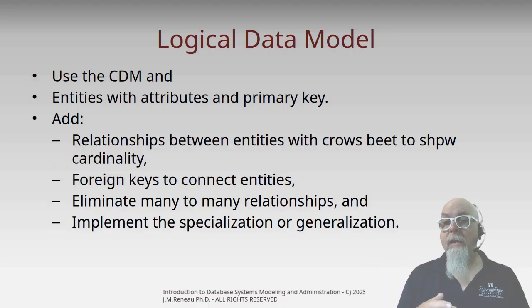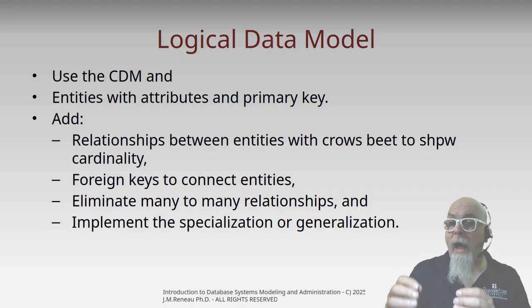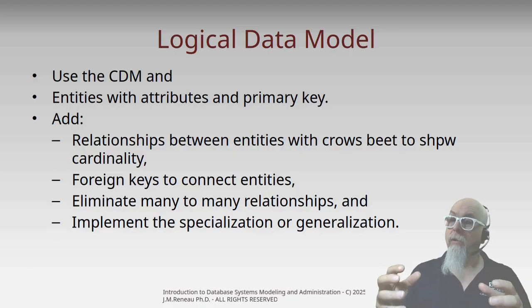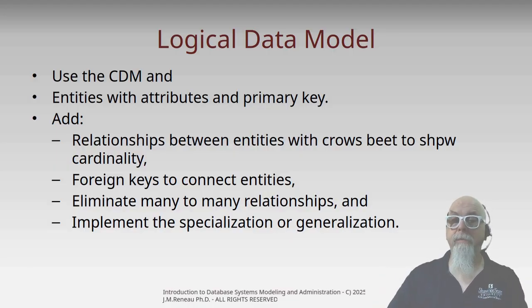We'll eliminate many to many relationships, and we'll talk about what those are. Then we're going to talk about how to implement specializations and generalizations in a logical data model, which again is a higher fidelity model than a conceptual model. So we're going to be including more details about the data than we did in the general conceptual model.